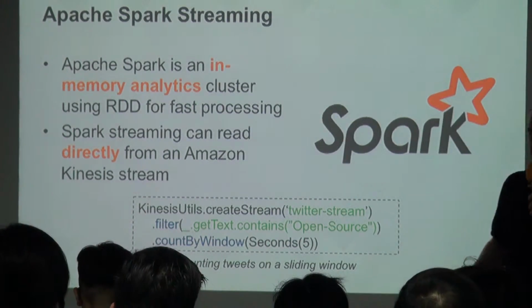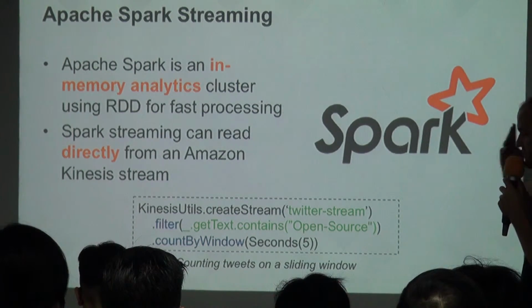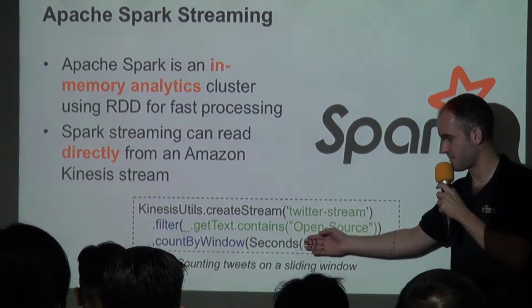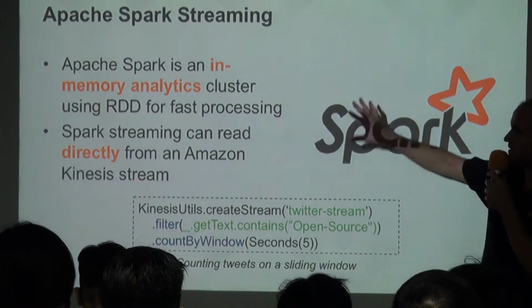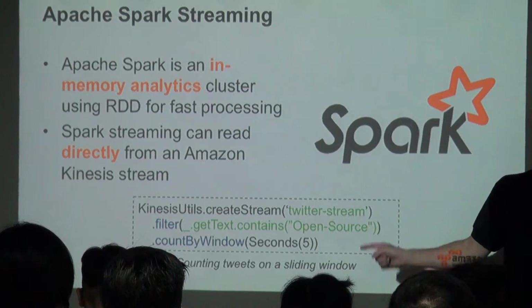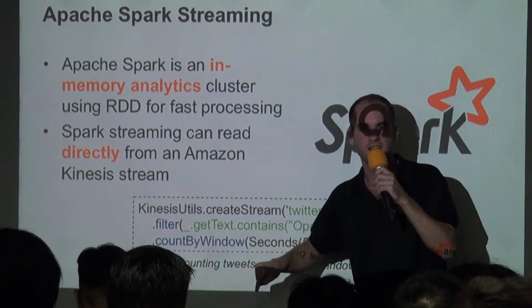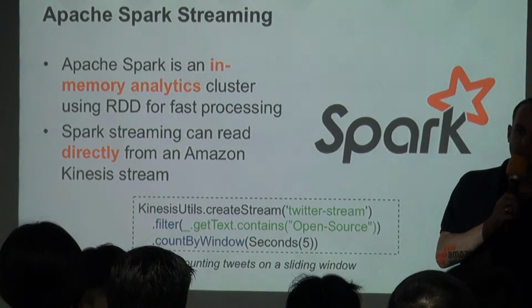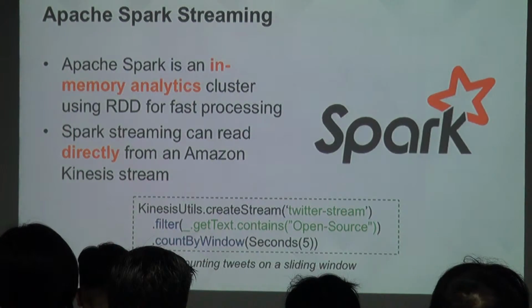If I want to say, find me all the tweets with a certain text, let's say open source, and count me those over the past 5 seconds, something like Spark Streaming can work on those windows and do so in a cluster. So even if that stream would be massive, it can just scale out, do it fairly fast. Now a count operation is fairly simple, but there are more complex aggregation methods that you can call with Spark too.